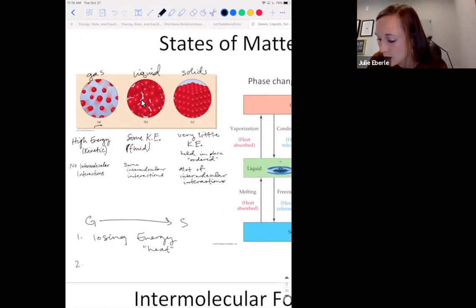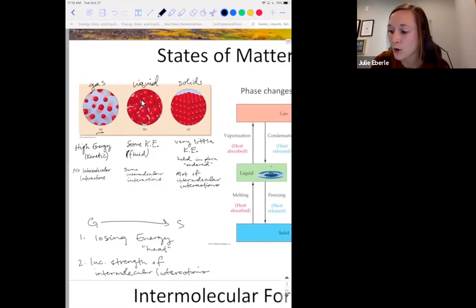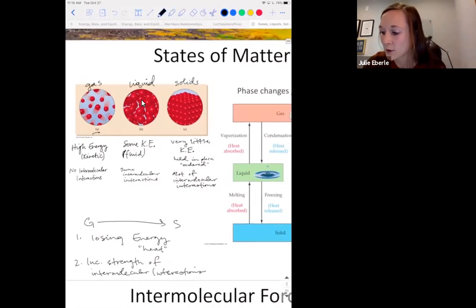The second thing is you are increasing the strength of intermolecular interactions. Okay, we're losing energy. They're moving slower and slower and slower until they're held in place, but the intermolecular interactions are increasing. Okay, there's more interactions between the molecules of solids.